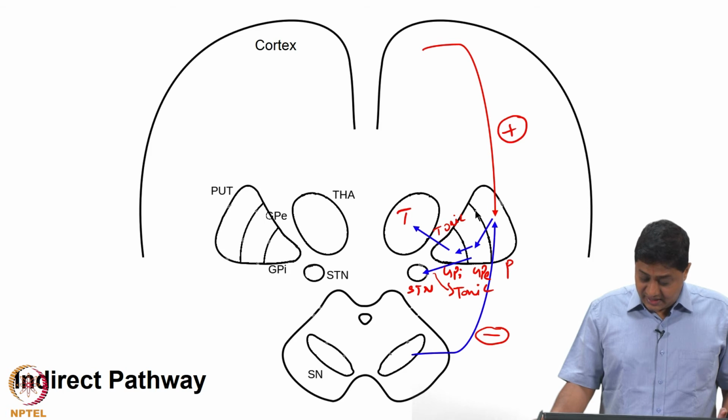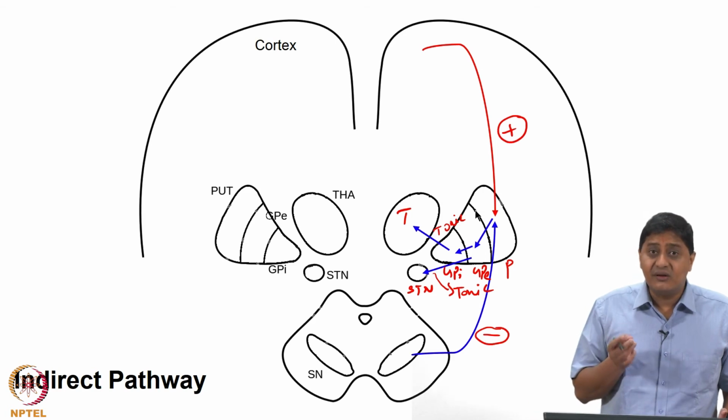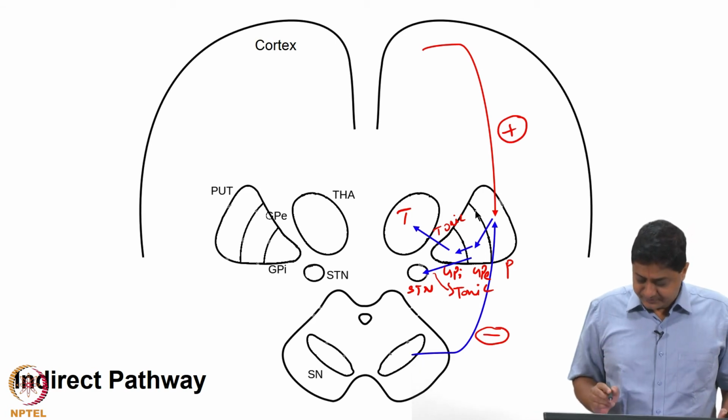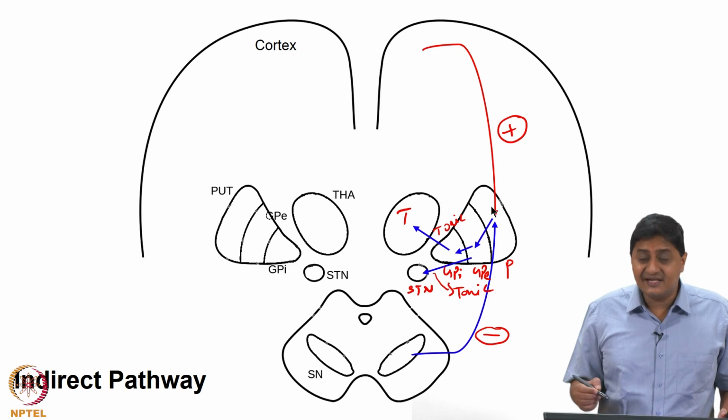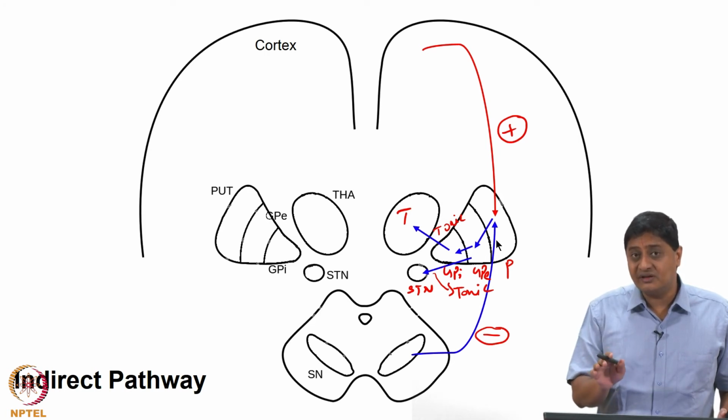So, the activity of the subthalamic nucleus is increased for a brief amount of time by the transient input received by the GPE. GPE neurons are inhibited, and these neurons are tonically inhibiting the subthalamic nucleus neurons.